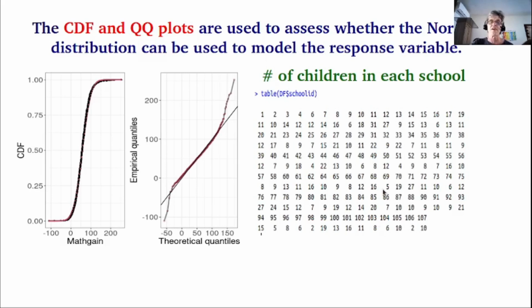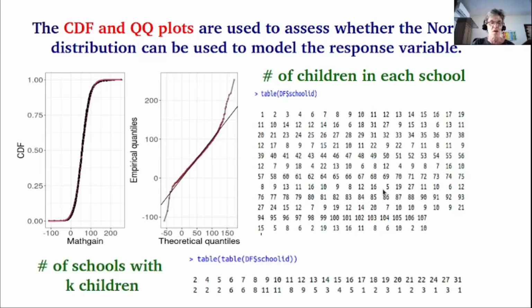So there is a very unbalanced distribution of children across the schools. So here is the number of schools with a given number of children. For instance, this says that we have 11 schools with data for 10 children, and we have 3 schools with data for 27 children.